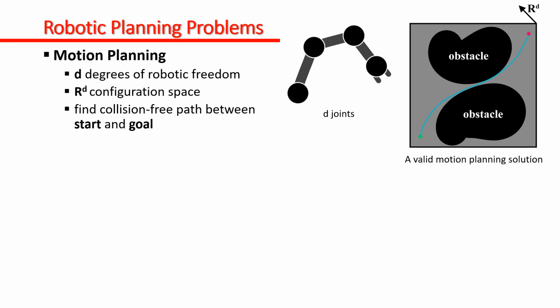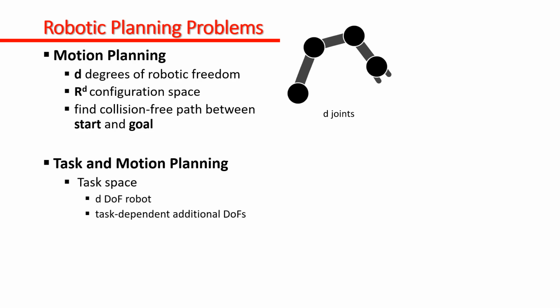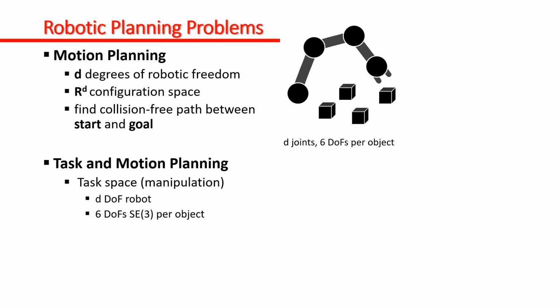And the problem is about finding a valid motion between the start and the goal. When we go to task planning, or specifically task and motion planning, the task space now includes not only the robot but additional variables, which, for example, in manipulation, includes the d-dimensional robot as well as the 6 degrees of freedom for each pose of the object.